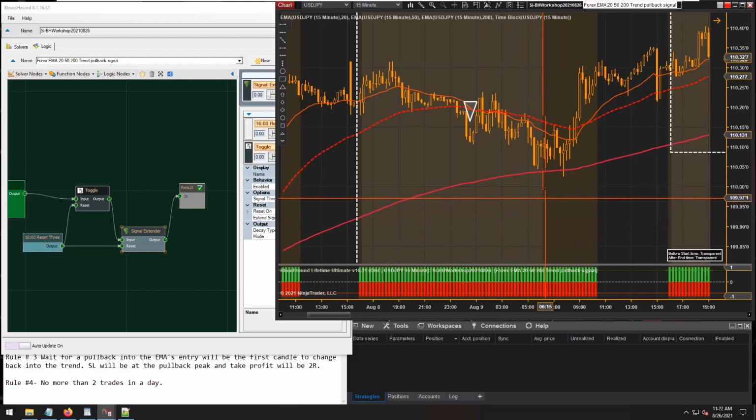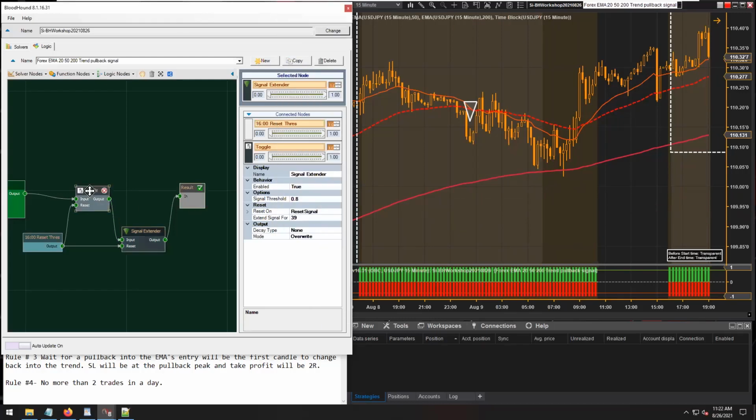So what I need to do is actually wait until this session ends, and that's when I need to take a snapshot of the toggle node and see, is the toggle node still on or not?